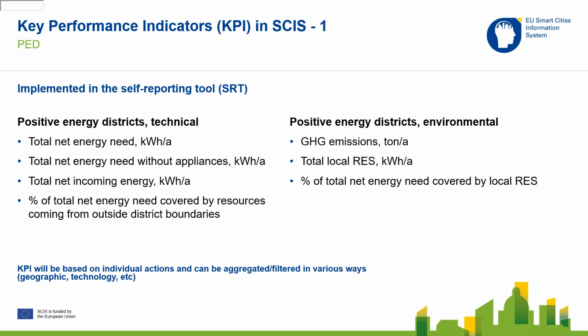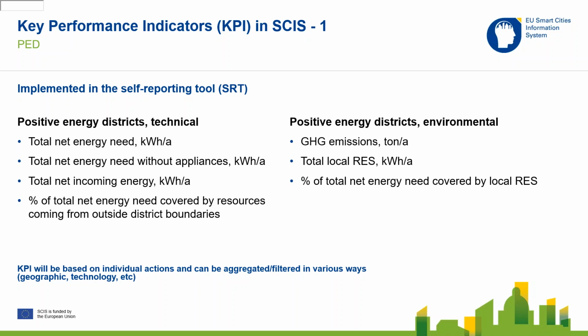So in order to see whether developers comply with what they set out to do, we also have this stripped-off net energy need included as a KPI. Then for the positive energy district, there is the net incoming energy.